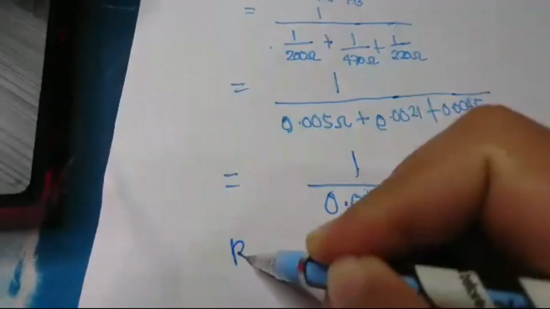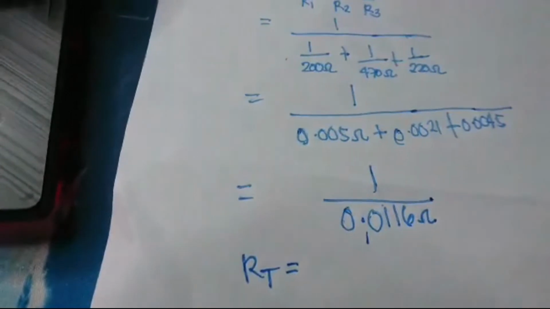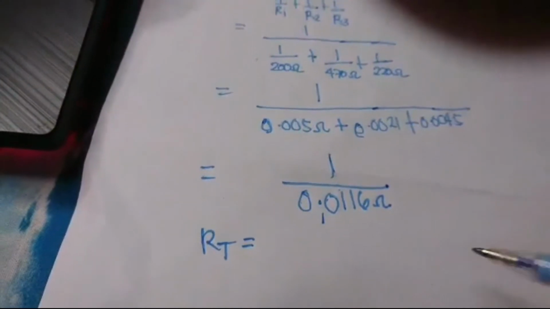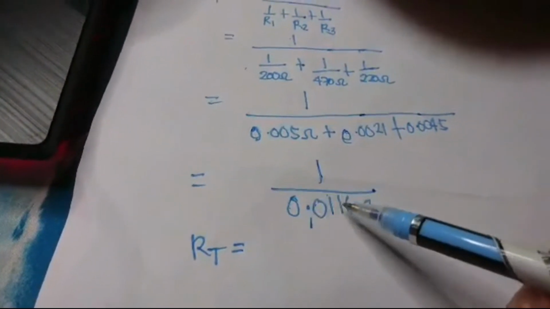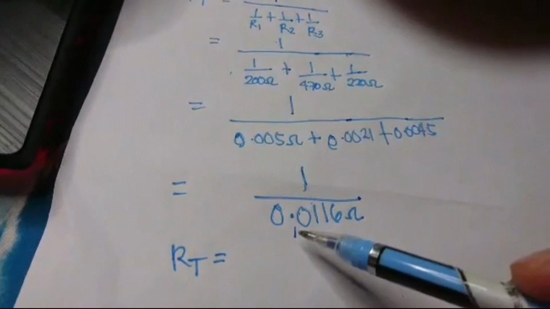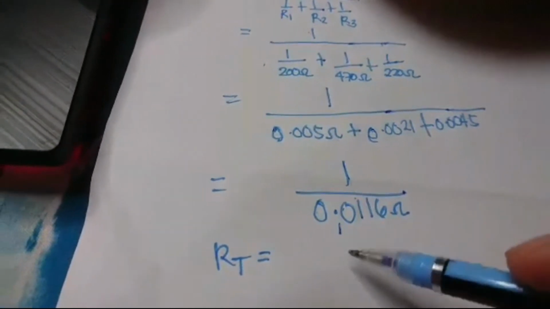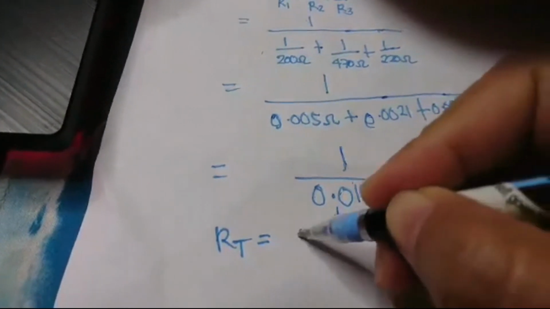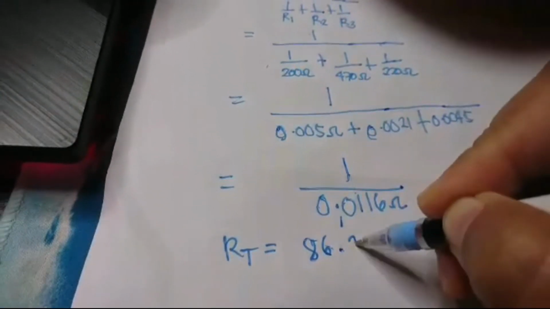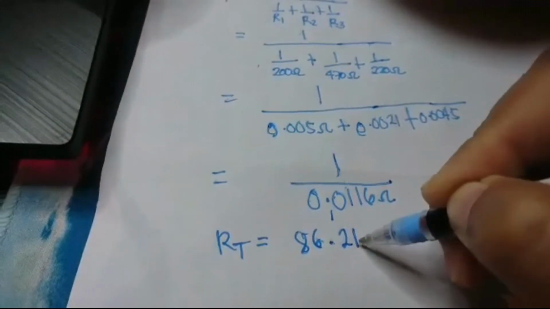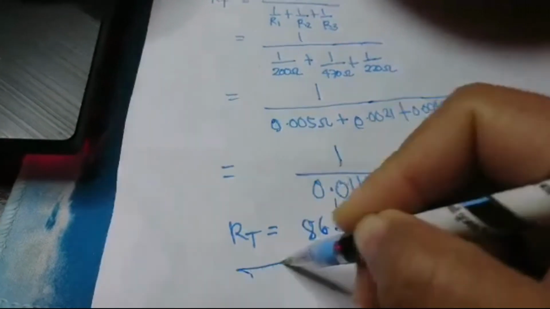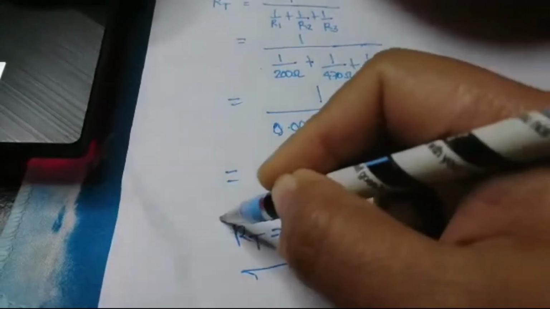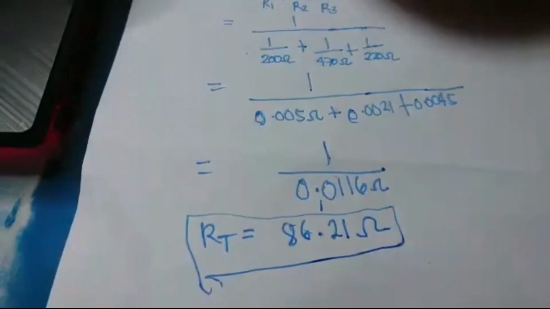So therefore, the total resistance is, so 1 divided by 0.0116, we get 86.21 ohms. So rounding to the nearest 2 decimals.